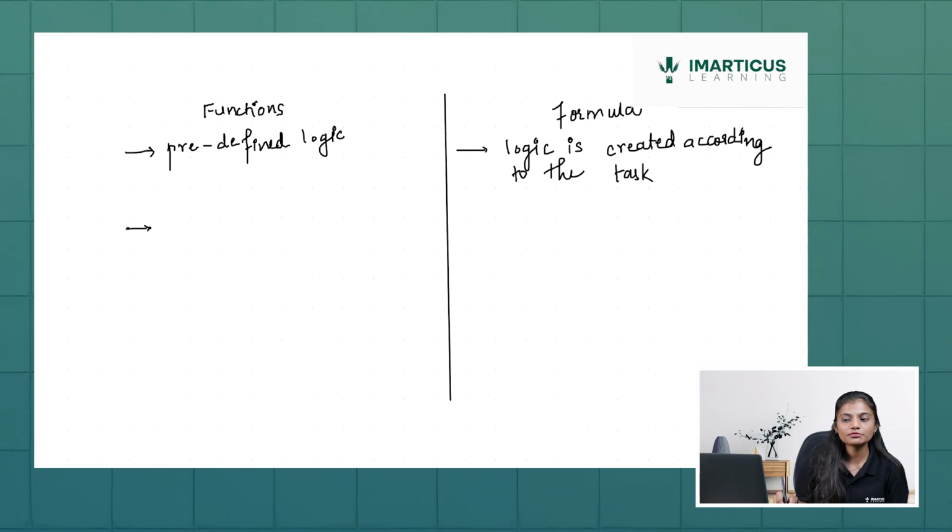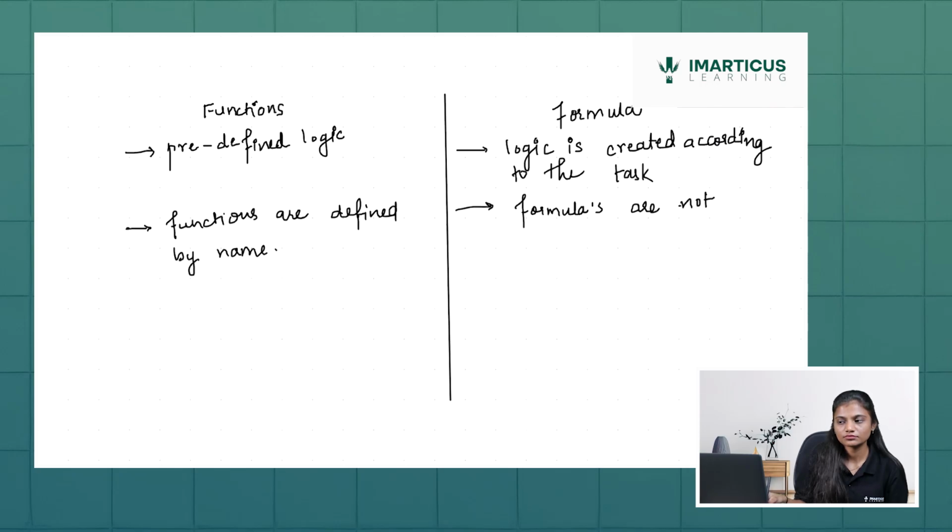So functions are defined by a name, whereas a formula is not defined by a name. There is no name associated with the formula, because a formula is something which we will create according to the data logic.